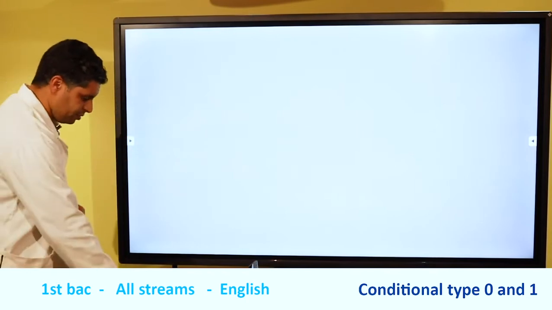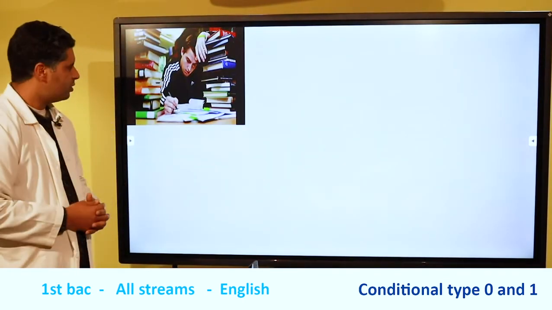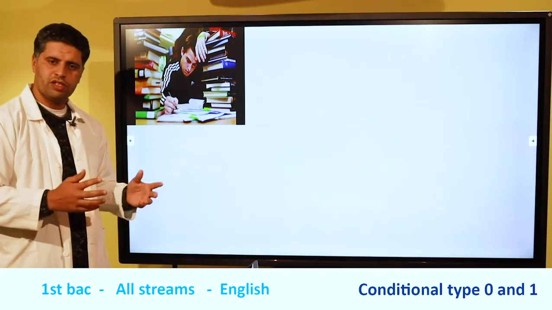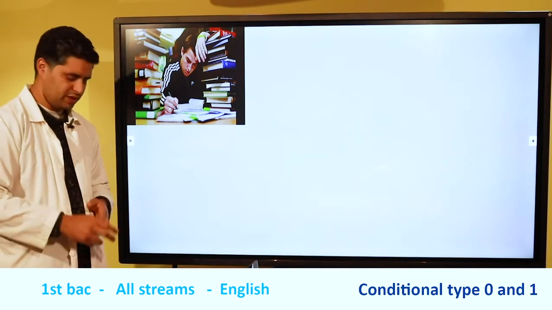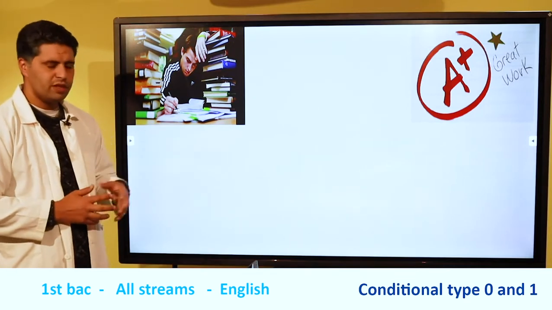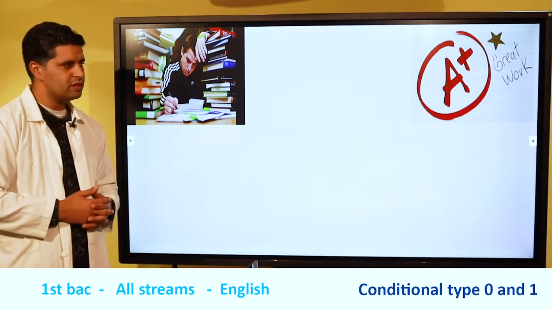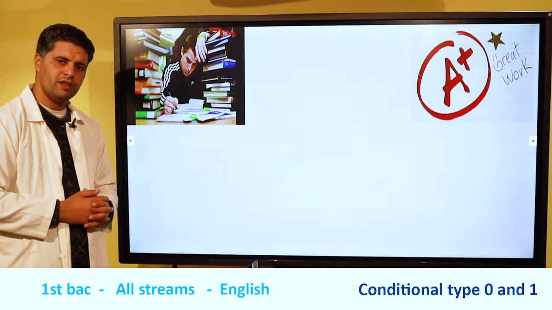So if I ask you, what do you see on the screen? You will say, we see a picture. It is a picture of a student who is studying hard. Let's take another picture. If I ask you, what does this picture represent? This picture represents a symbol of a good mark.